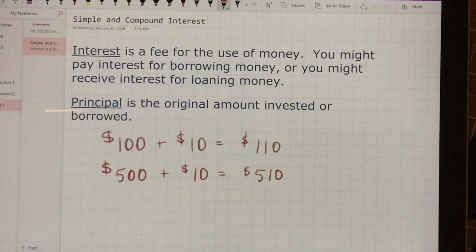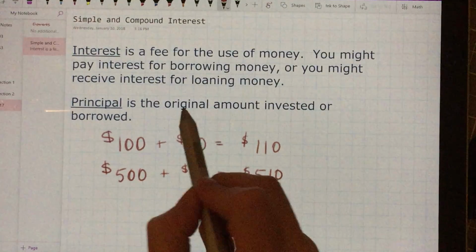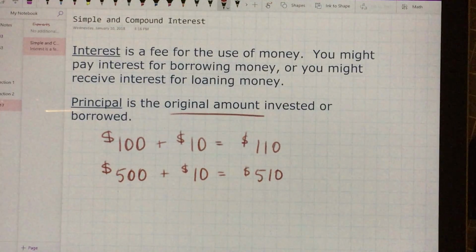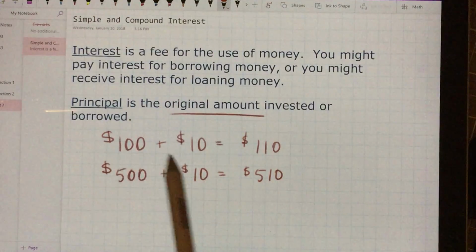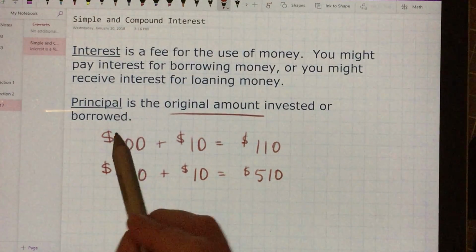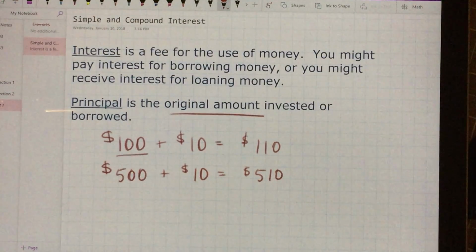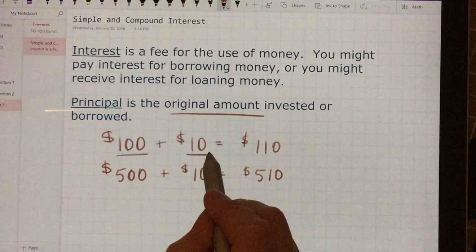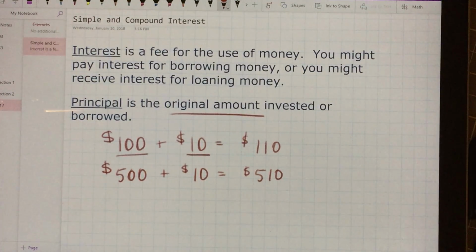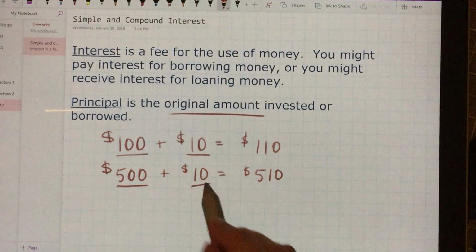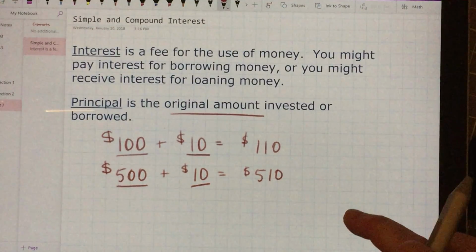Principal is the term that we use to refer to the original amount invested or borrowed. In these two cases, when you loaned your friend money, $100 is the principal, $10 is the interest. For the savings account, $500 is the principal, $10 is the interest.